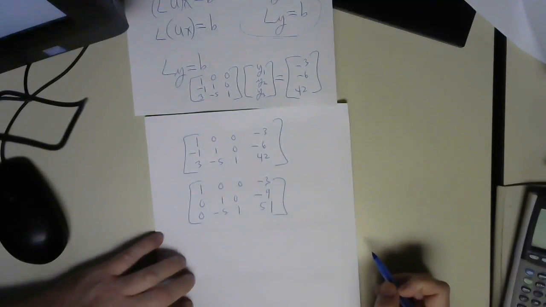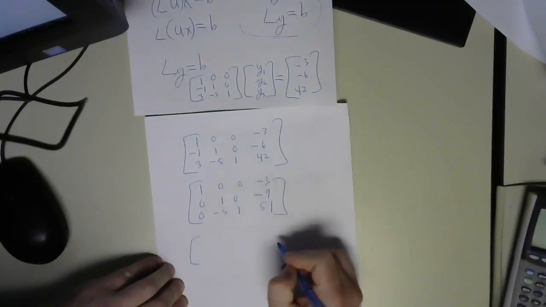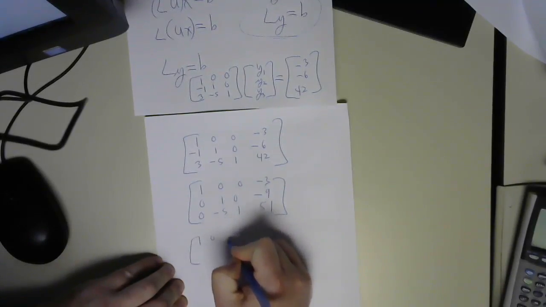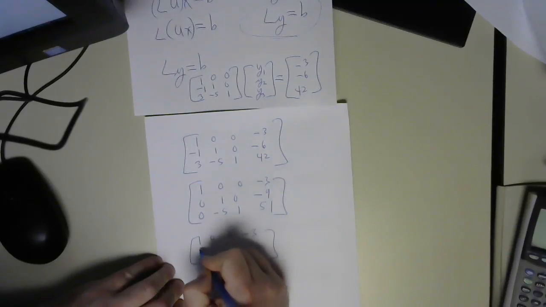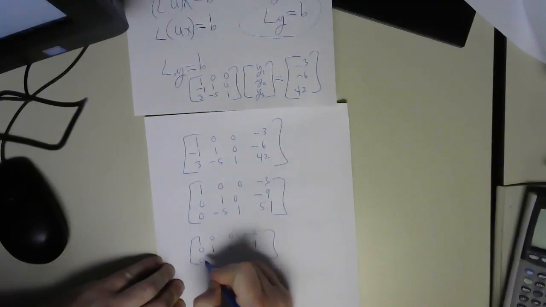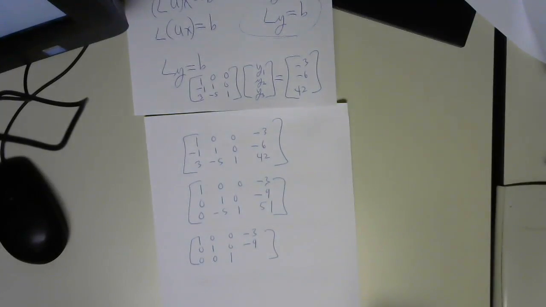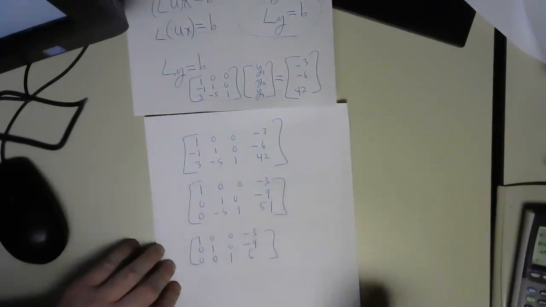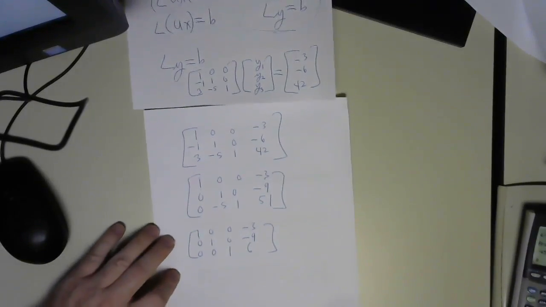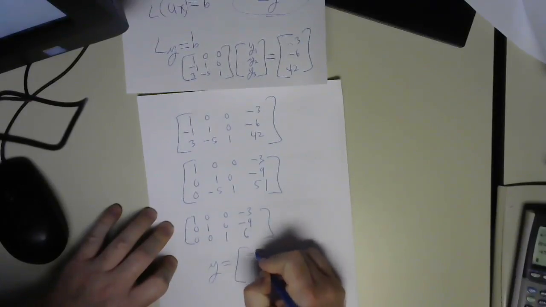Now we're almost there. Now we just have to take the second row, multiply it by 5, and add it to the third row. So notice we do get a unique solution, and this is y. So it looks like y is this 3 by 1 vector.